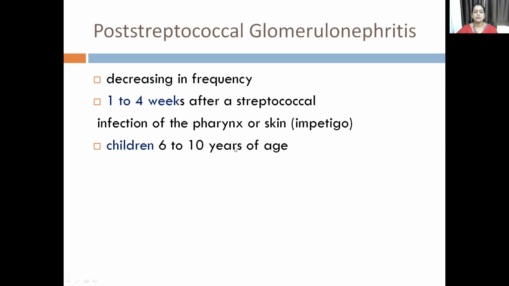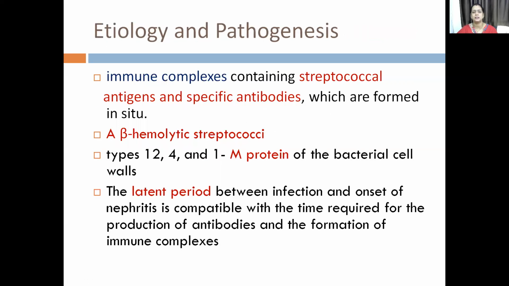The children, usually 6 to 10 years of age, are getting affected. Usually they are of low socioeconomic status, and they are situated in a place where there is excessive crowding. The immune complexes contain streptococcal antigen and specific antibodies. Just remember that there should be an antigen for the reaction of the antibody and immune complex formation.